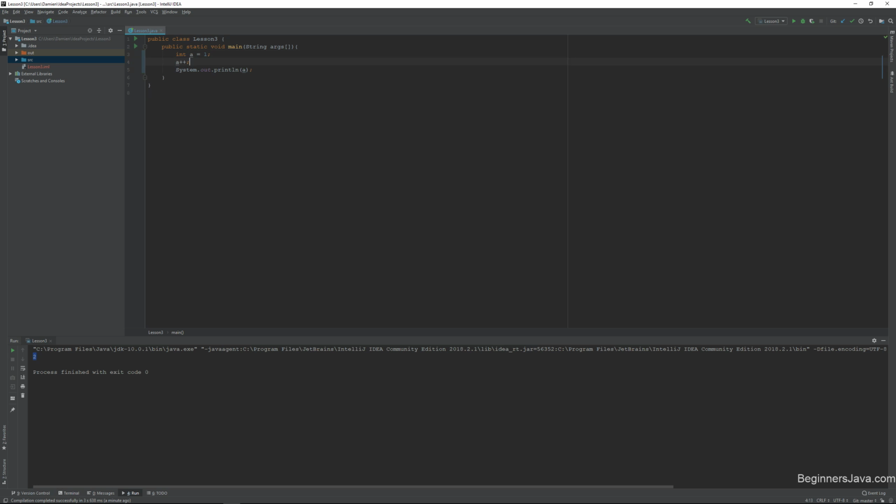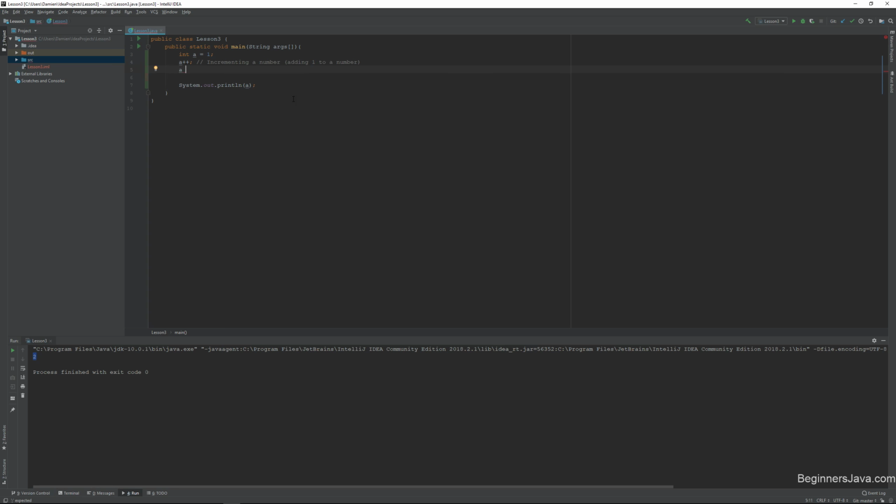So now that we know that that's 2 right there, this is called incrementing. There's another way you can do this, and this is the exact same thing.